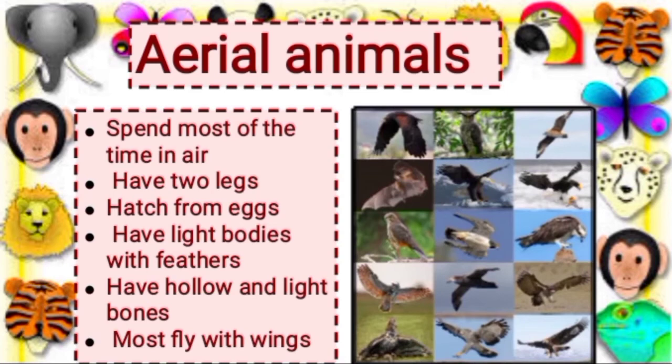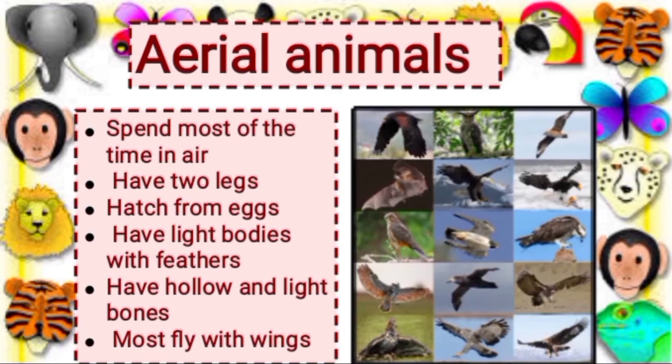Their body shape is such that they are able to cut through the air easily, and almost all birds except flightless birds belong to this group. Even bats form a part of this group.